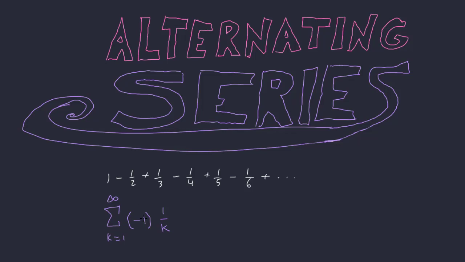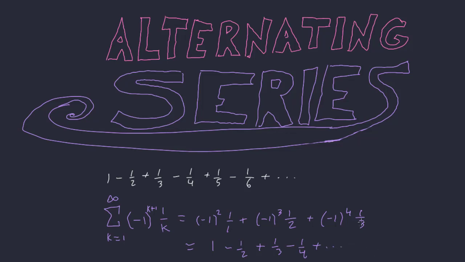So the negative 1 to the, in this case, it's probably k plus 1, because when k is 1, we'll get negative 1 squared times 1 over 1 plus negative 1 cubed times 1 over 2 plus negative 1 to the 4th times 1 over 3, and that does match what we have up here. This will be 1 minus 1/2 plus 1/3, then minus 1/4, etc.